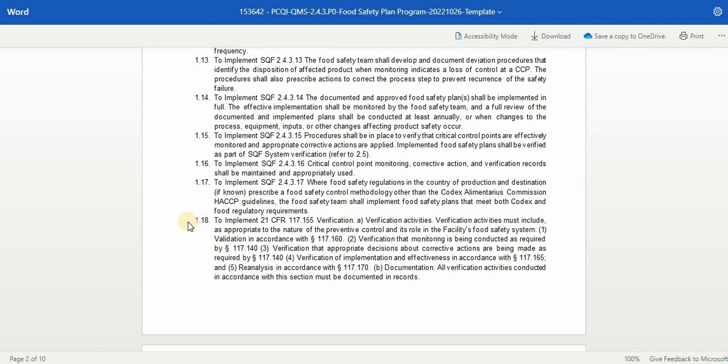Verification that appropriate decisions about corrective actions are being made as required by 117.140. 4. Verification of implementation and effectiveness in accordance with 117.165. And 5. Reanalysis in accordance with 117.170. B. Documentation. All verification activities conducted in accordance with this section must be documented in records.